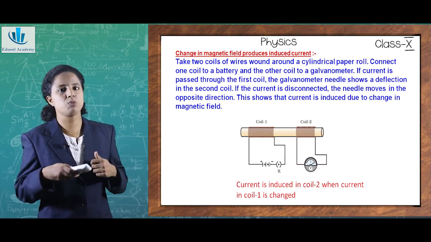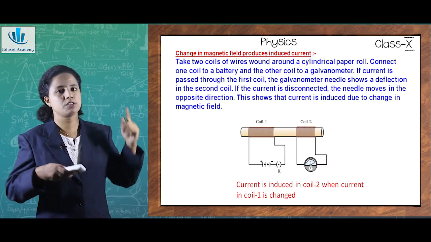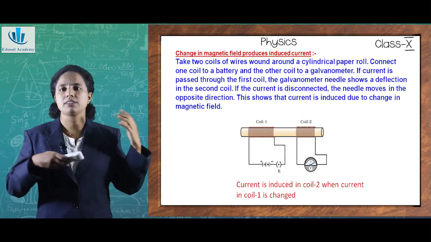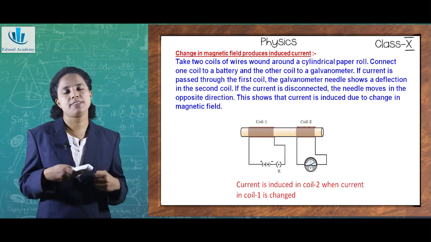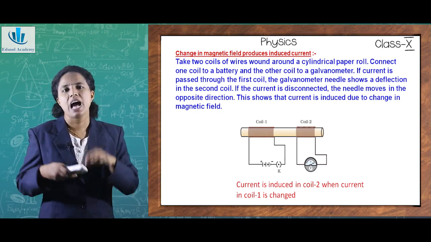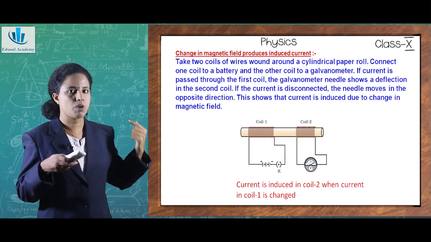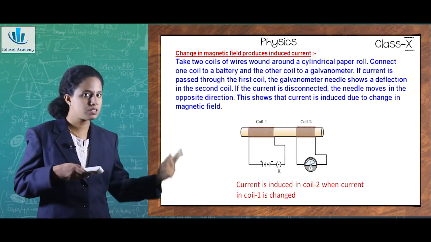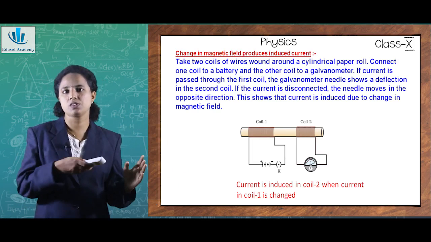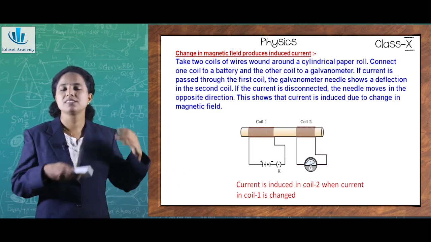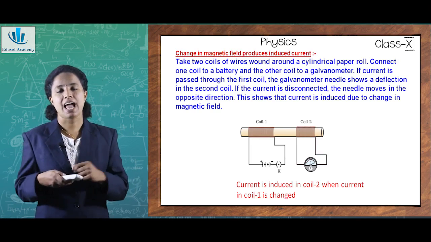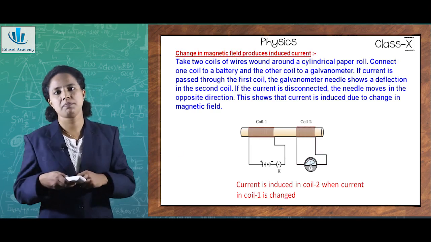So, in this case, we have taken two coils, that is coil 1 and coil 2. So, we have taken two coils of wire and they are wound around a cylindrical paper roll. And we have to connect one coil to a battery, as you can see, and the other coil to a galvanometer. If the current is passed through the first coil, you can see that surprisingly the galvanometer needle shows a deflection, and that is connected to the second coil.